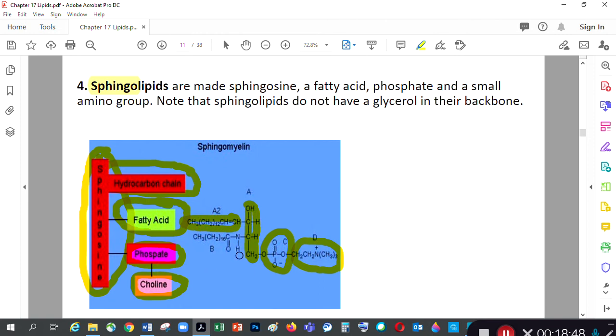And there is a fatty acid. Yeah, one is the sphingosine, and this is a fatty acid. This is a fatty acid. So you can see how the whole thing is developed on this. So you have 1, 2, 3, 4 connected to this sphingosine in the A position. So, but they don't have a glycerol.